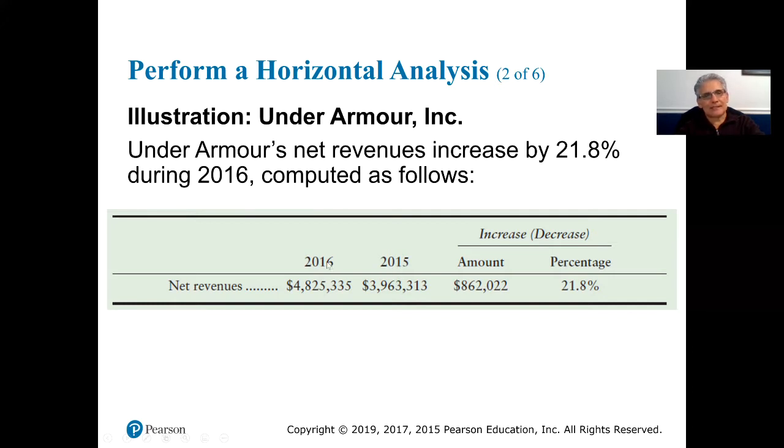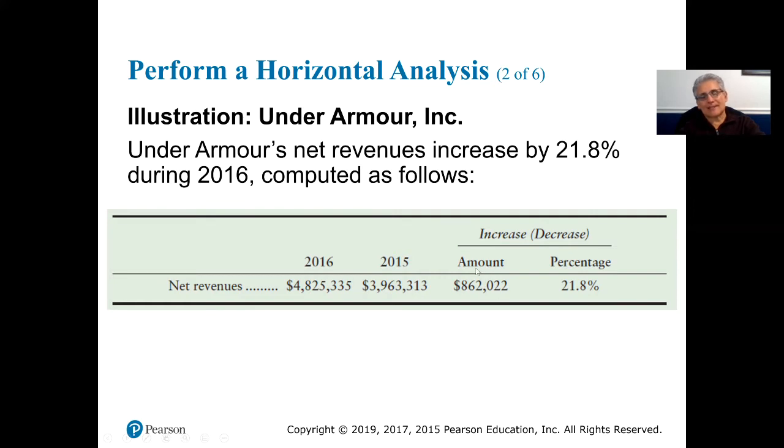Now, if we take 16 and subtract 15 and end up with a positive number, then we know that's good because revenue went up. So 16 minus 15 gives us $862,022. That's just the difference between these two numbers.